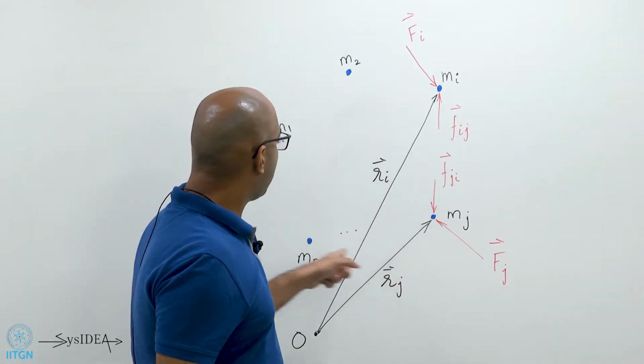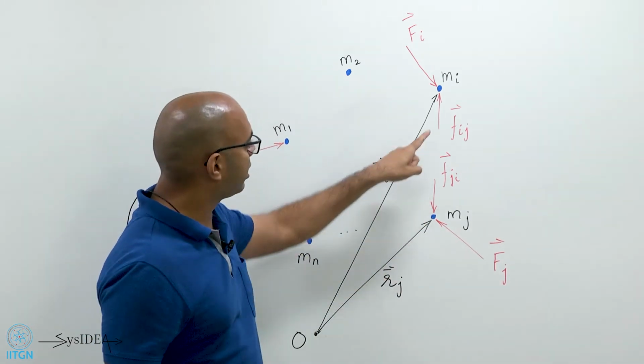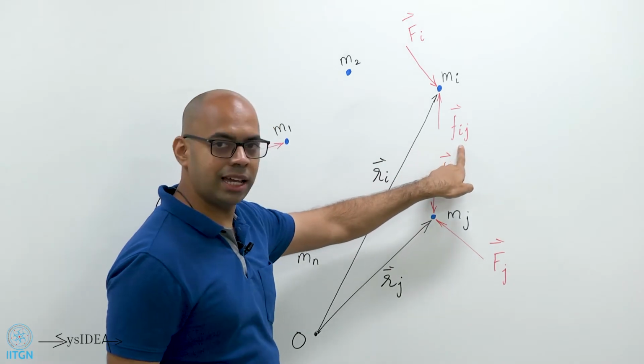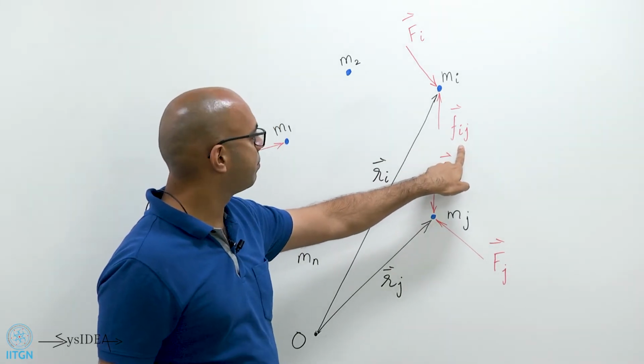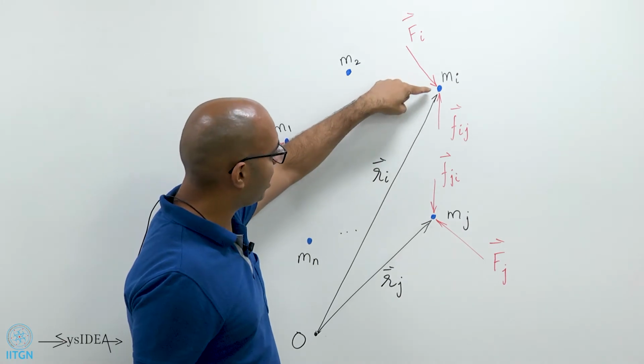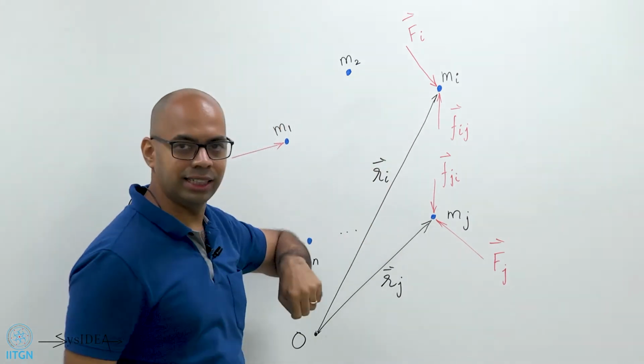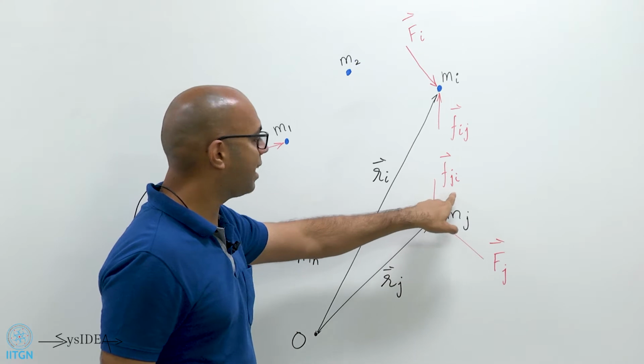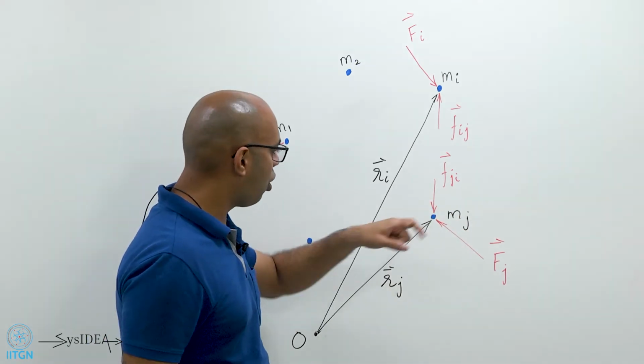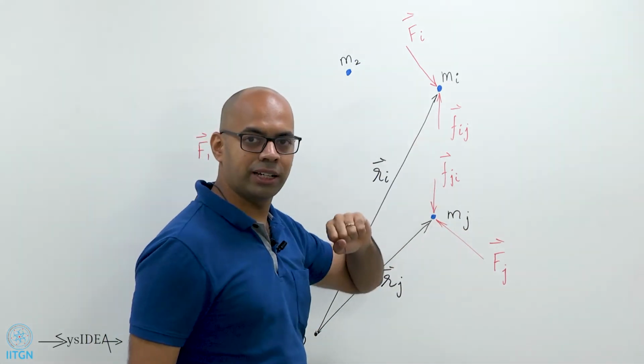But you can also have forces of interaction between these particles. So, little fij is the force on particle i due to particle j, and likewise little fji is the force on particle j due to particle i.